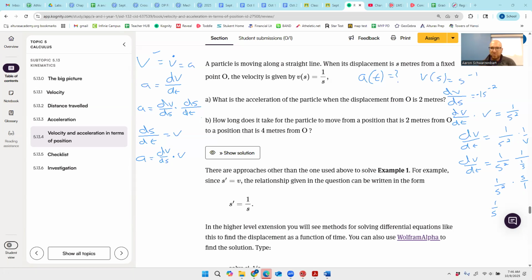Hmm, they do not get the same thing I do. They multiplied the other side by ds dt.